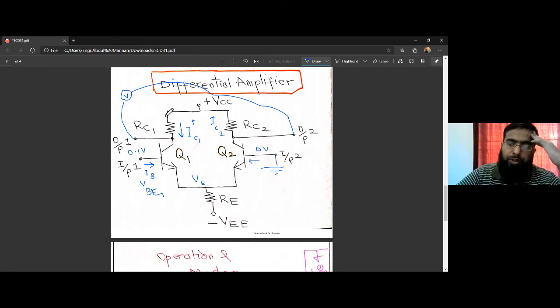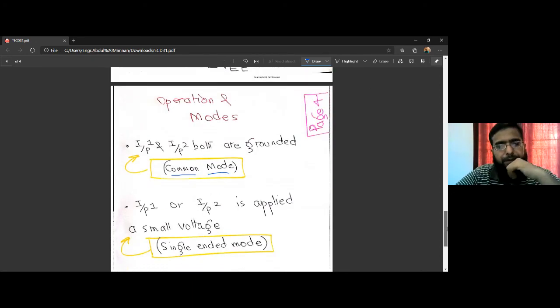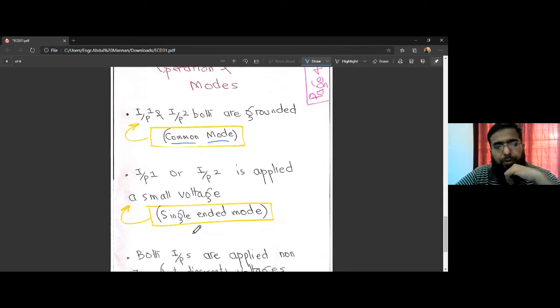That would also result in the same difference, but with the opposite polarity. So we call it single-ended mode because we have applied input to either the base of Q1 or to the base of Q2, and the other base is grounded.